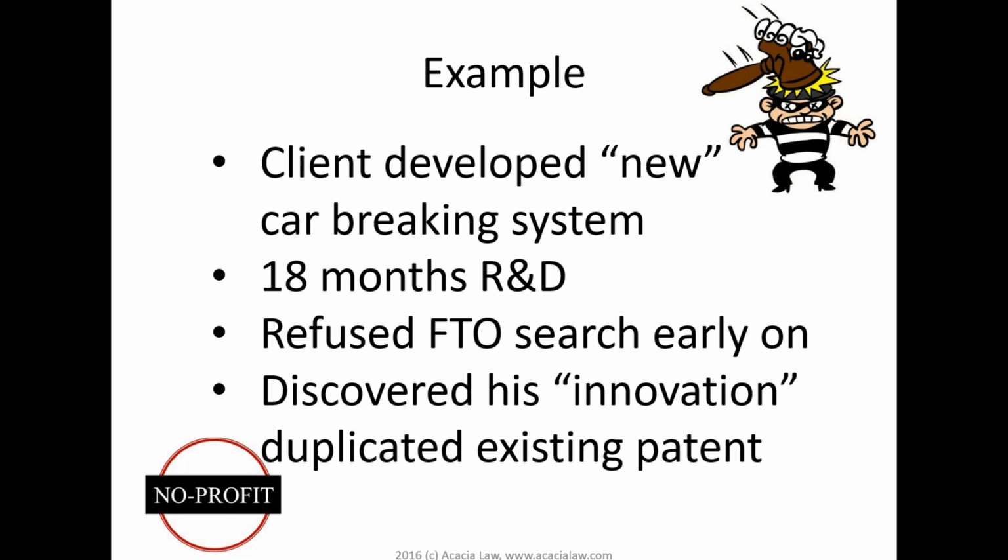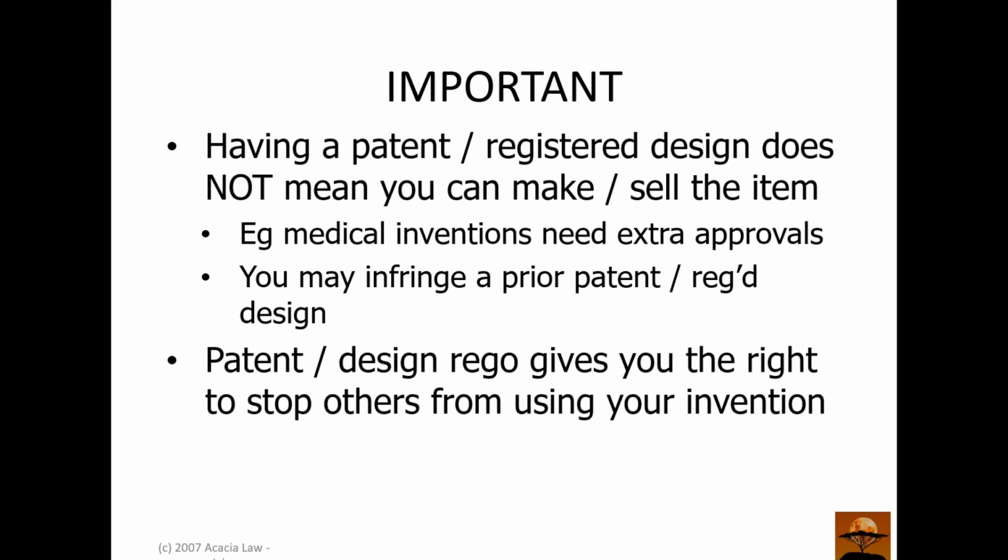So what that meant is that what he had spent 18 months creating, somebody else had already created and patented. So our client could not use that innovation. Well, they could, but they would be infringing somebody's existing patent. The owner of the patent was one that liked to enforce their rights, and so we had to advise them not to go ahead and use that research he'd spent 18 months developing. So that was a bit of a sad example.